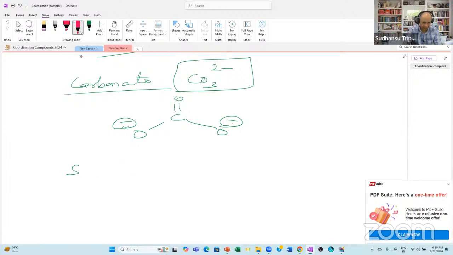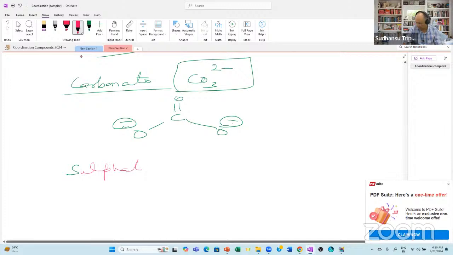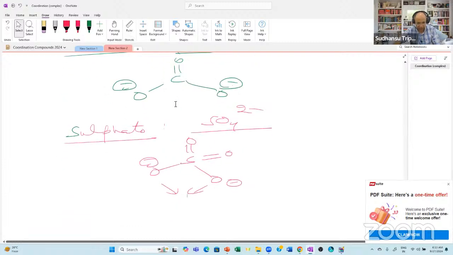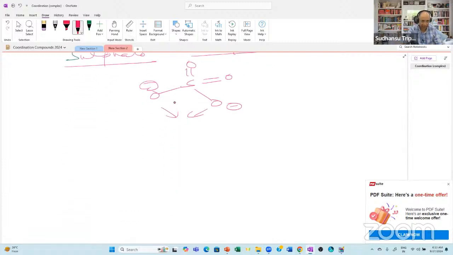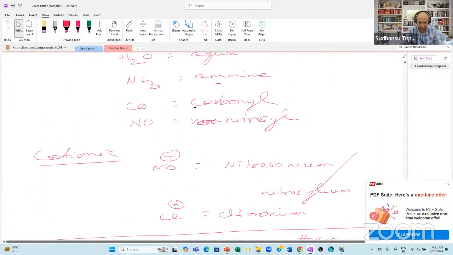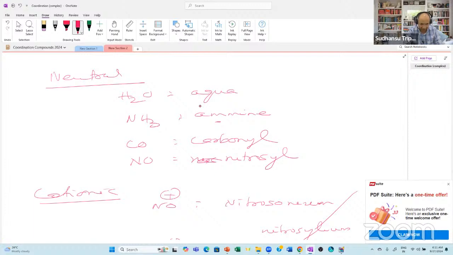British English is pH. SO4 2 minus. Same. Of course, there are two sulfate oxygens with double bonds, which will not donate. So these two will donate. Donors. So sulfato. And another interesting ligand, a monodentate ligand, I forgot, is pyridine.